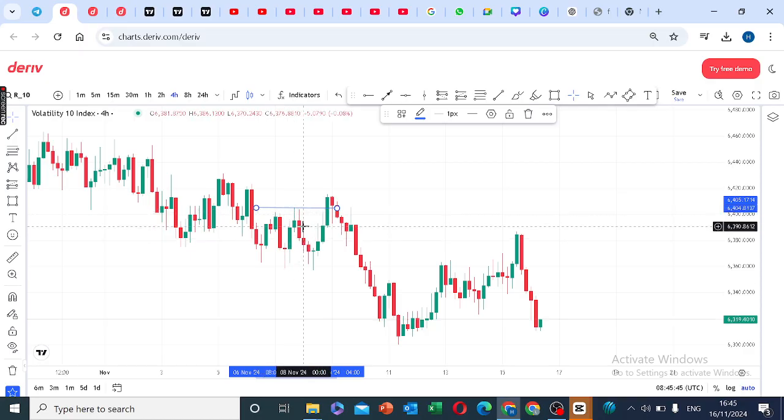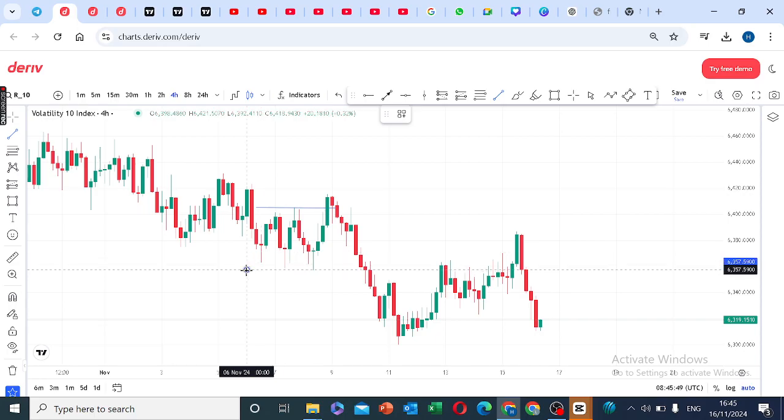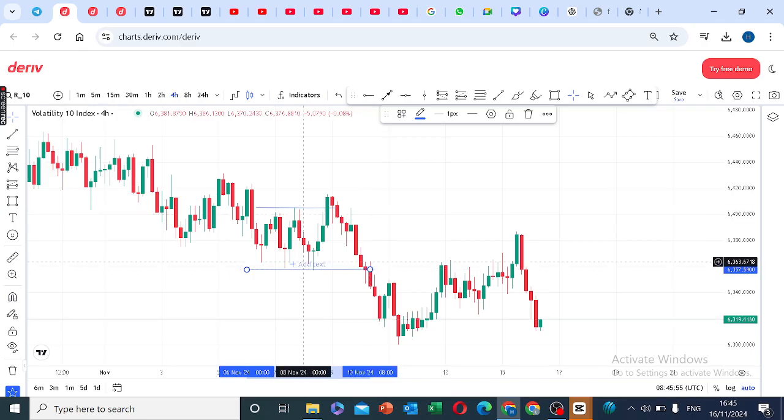You understand? So whenever market takes out the initial sellers and gives us a break of structure to the downside, we want to enter the market. So I'll simply mark this point here as our BOS and this area as our L, which we'll call our liquidity.